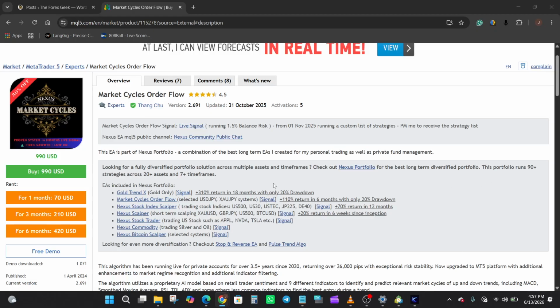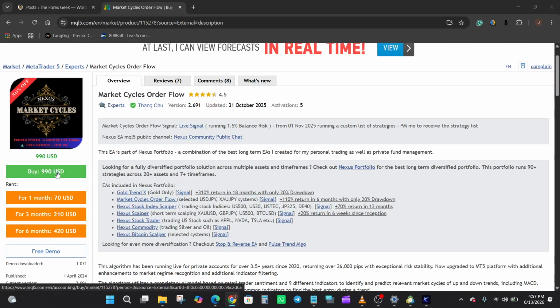Looking at the marketplace listing, the EA is currently priced at 990 US dollars, with rental options available for 1 month going for 70 US dollars, 3 months going for 210 US dollars, and 6 months going for 420 US dollars. The current version shown here is 2.691, updated on October 31st, 2025.